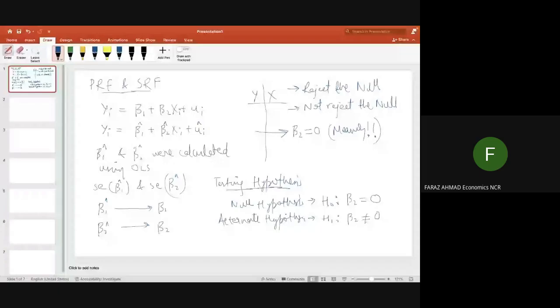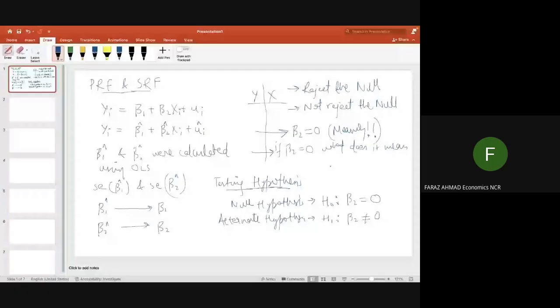I'm asking a question. If beta 2 equals 0, what does it mean? That means that the regression function has no slope and it's a straight line. It is just an intercept. Very good.